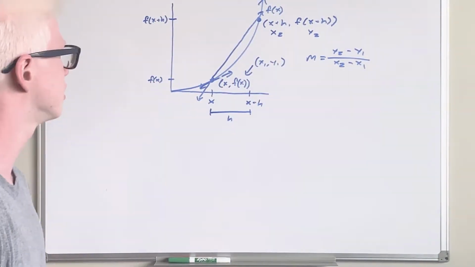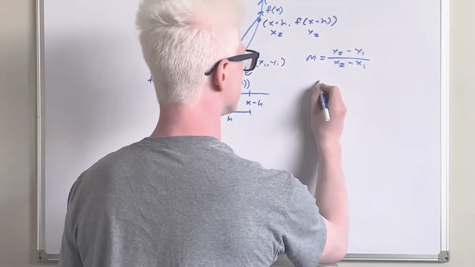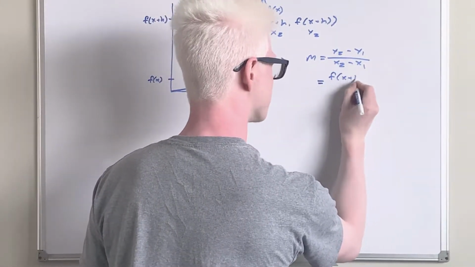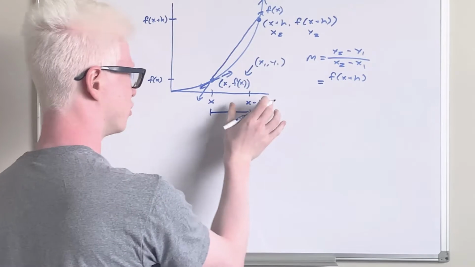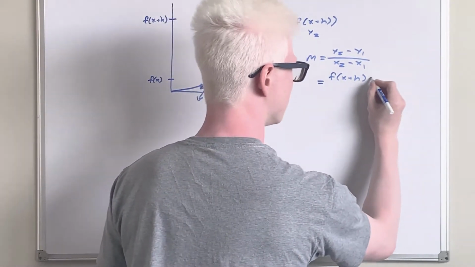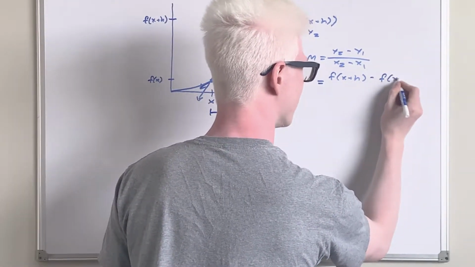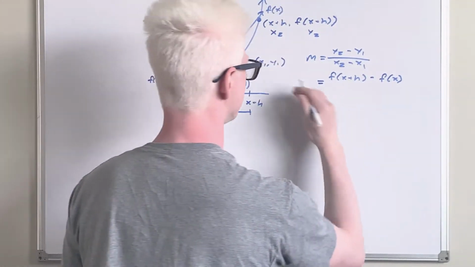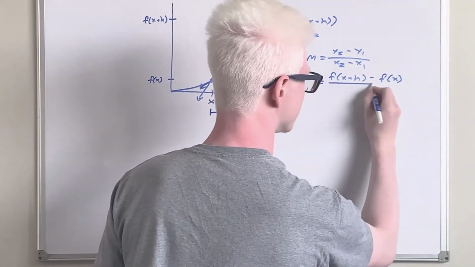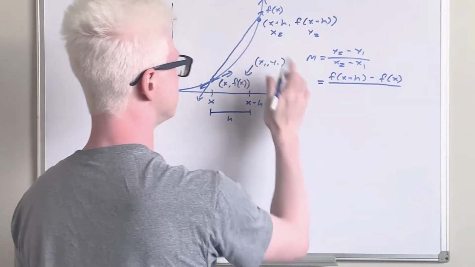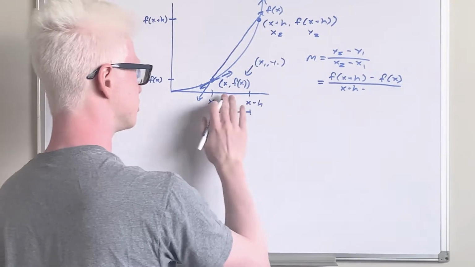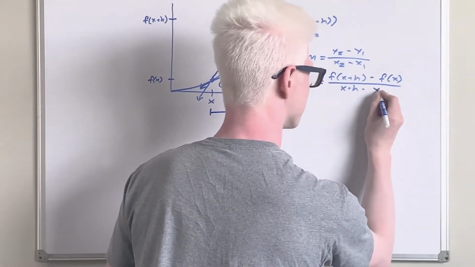So from this formula, we see that the slope is going to be y2, f of x plus h, the height at the point x plus h, minus f of x, which is this height down here, all over your change in x. So x2, x plus h, minus your x1, which is simply x.